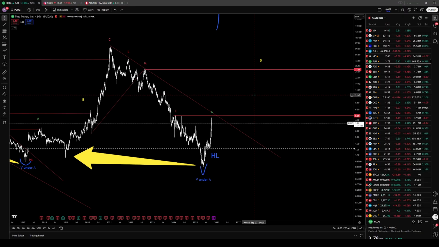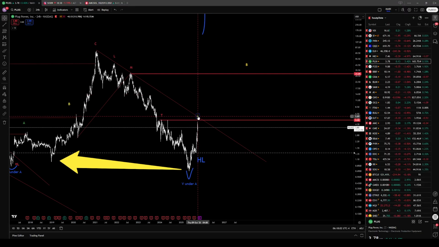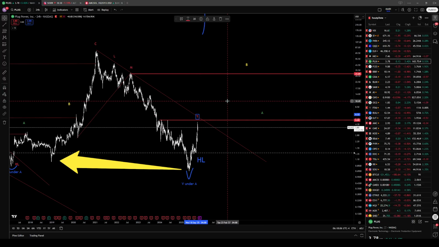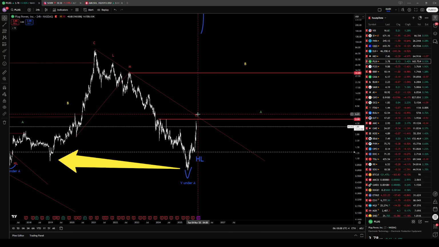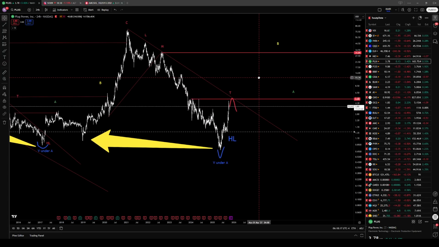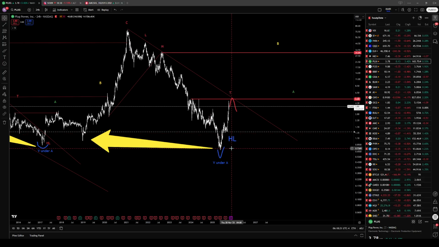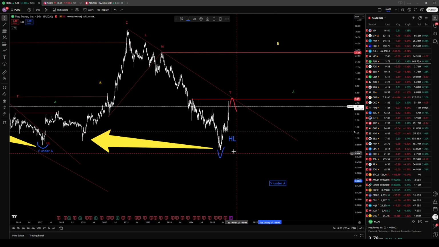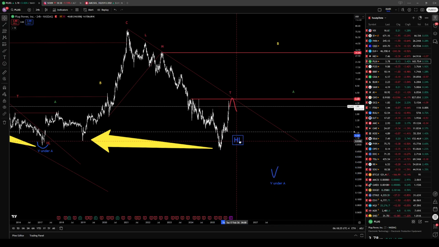For the bearish tracking, we would say that this was our T, or will be our T in the future if you still come up here and reject. If this is true, then this higher low is wrong, this V under A is wrong, and you would look for a new low.